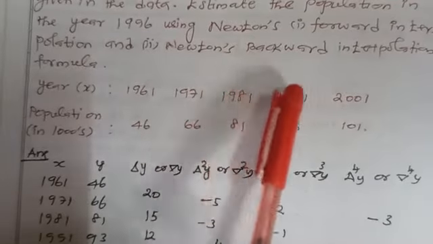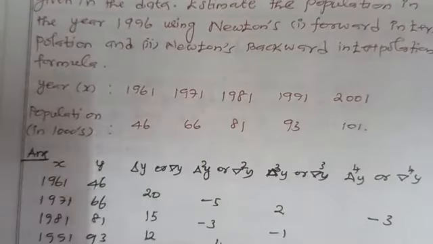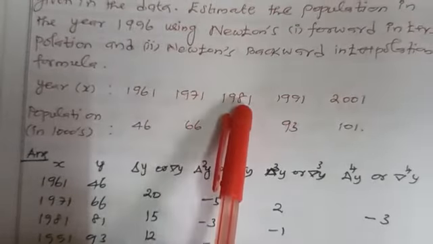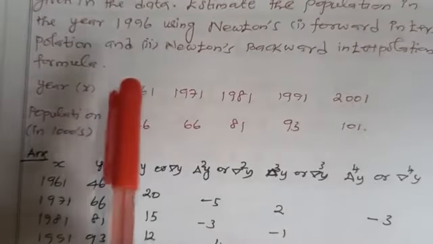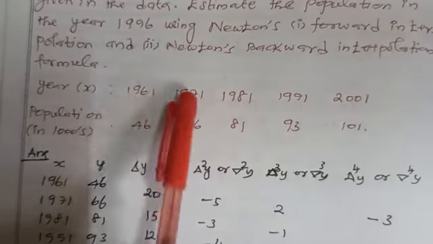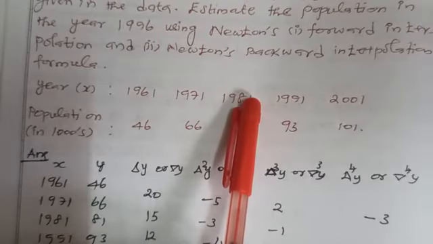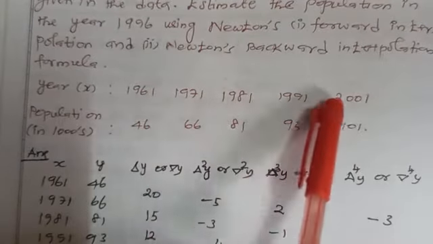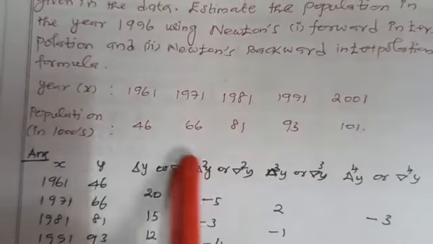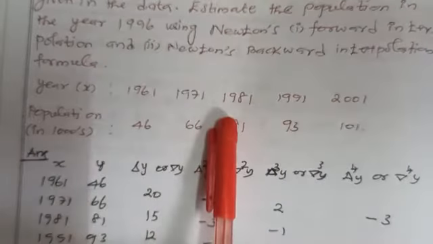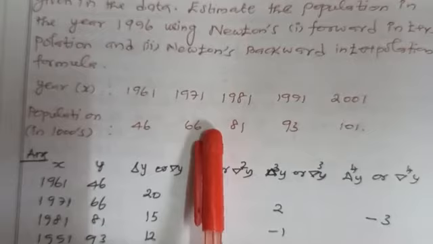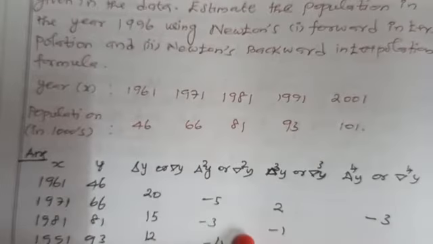What is the difference between two x values? This is for x0, x1, x2, x3, x4. x0 to x1, what is the difference? 10. x1 to x2, 10. This is the equal difference. The equal difference means we have to use either Newton's forward method or Newton's backward method.